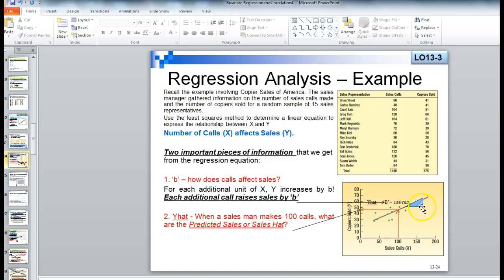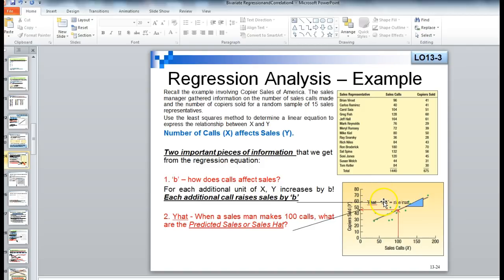So for each additional sales call, how much will sales increase? And that's going to be your beta, and it's going to give businesses a lot of really important information. For instance, if we can get brokers to make one additional call and sales go up by thousands of dollars, well, we may want to implement a program in order to increase sales calls. Kind of makes sense? So this is a really important piece of information.